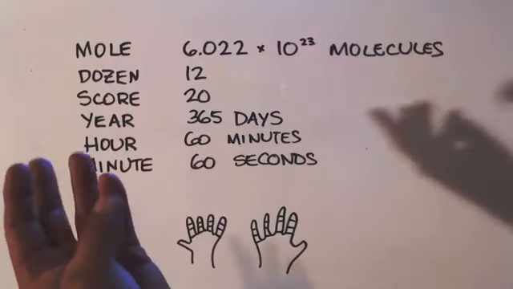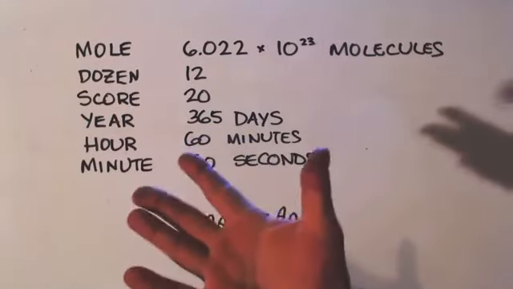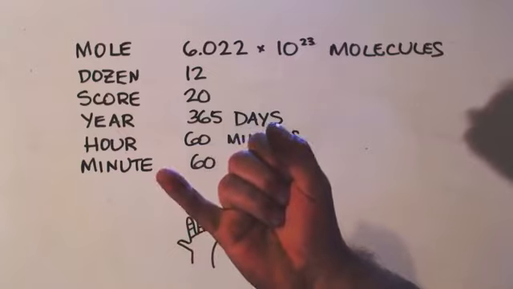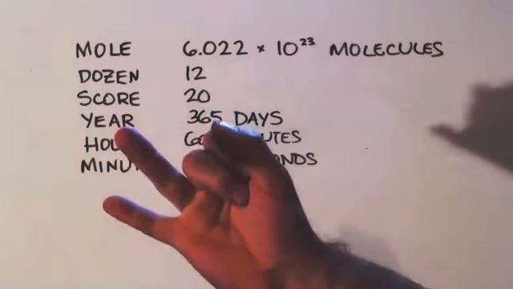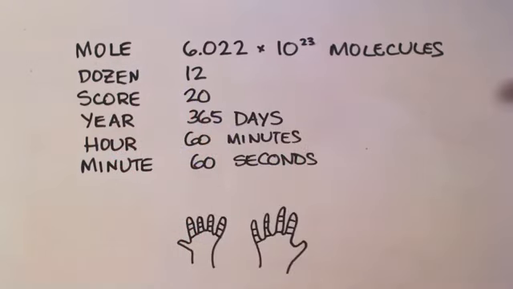Each time you got to 12 on one hand, you put up a finger on the other hand. Then you count another 12 and put up another finger. How many fingers are there? 5. 5 times 12 is 60. That's why they based it on 12 and 60. It was easy to count. They had no calculators. That's just a little FYI.